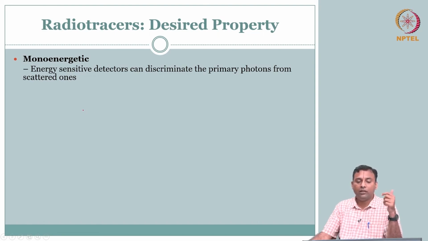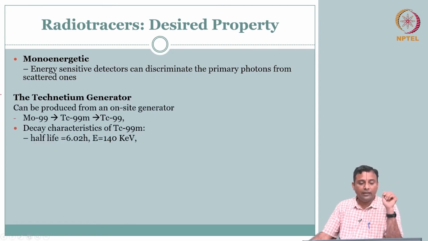So if you have monoenergetic, the tracer that you have, if the radioactive decay happens such that it gives one energy only, then that is preferred. So for this reason, an example is technetium, right? We did see that earlier as well. Here this can be prepared on site, okay. And like I said, this metastate is usually an intermediate state.